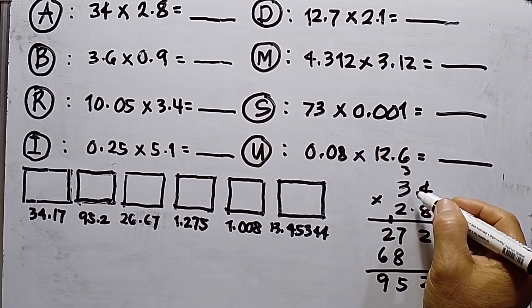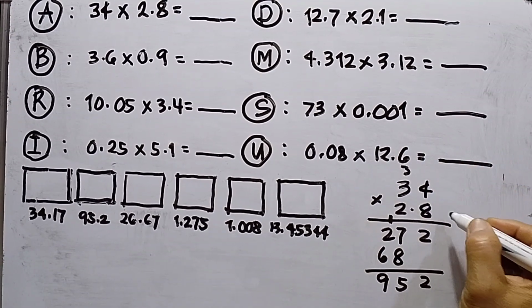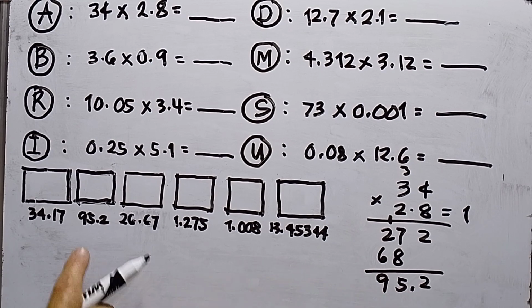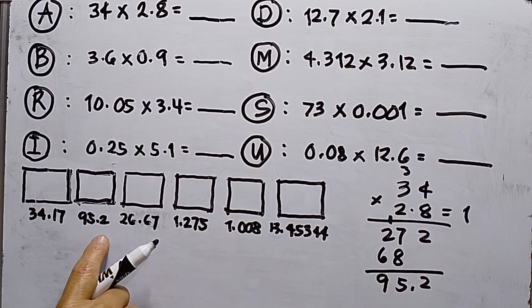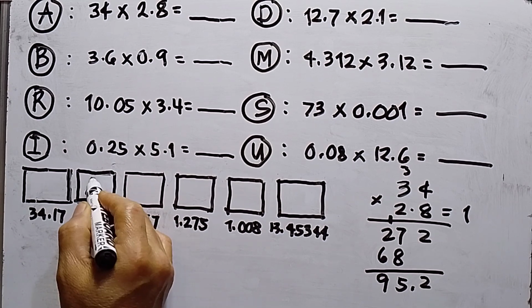I have only 1 decimal place, so I need to count from the right. So this will be 95.2. Let us examine first the products. Do we have 95.2? Yes, I have it in the second box. So this will be letter A.